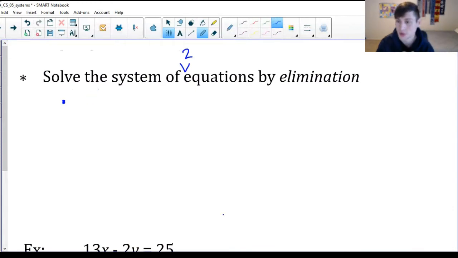Our goal is to get a positive and a negative version of some coefficient so that when we add the equations together, one of those variables will get eliminated.